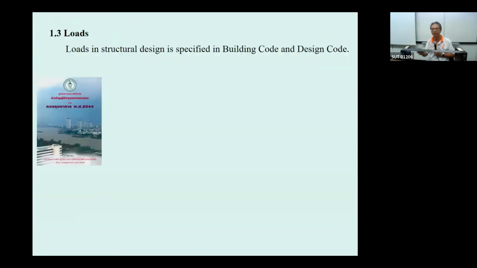Okay, that's what I talk about the type of structure. I spend a lot of time reviewing this because when you reach the capstone design project subject, we will refer to everything I said. At least I have put everything to you already.